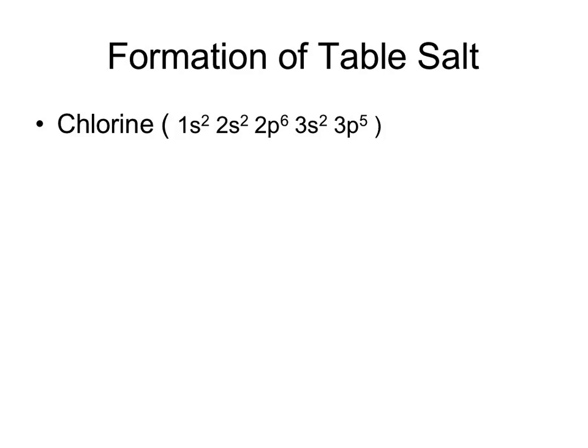Chlorine has this electron configuration: 1s2, 2s2, 2p6, 3s2, 3p5. How many electrons does chlorine have? 17 total. But most of them are not going to react. It's only the ones that are in the last energy level, which in this case is 3, that are going to react. So we have 17.